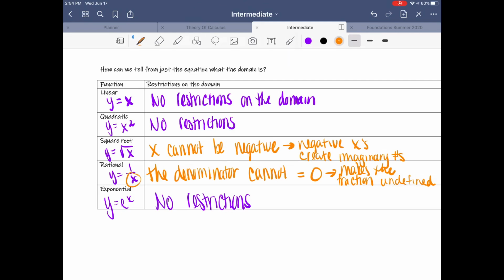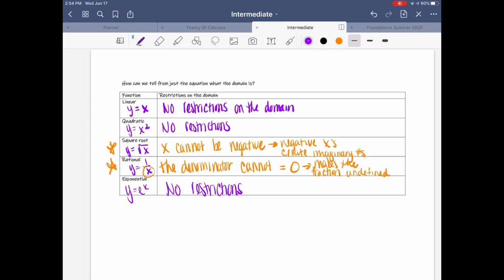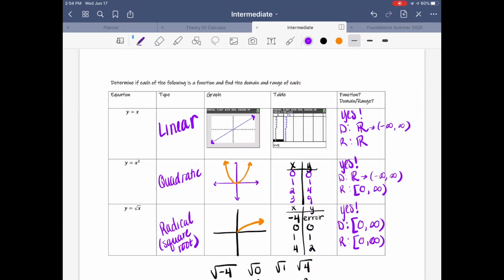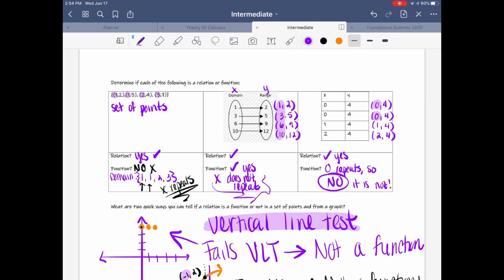The only time it was an issue was with the square root and with the rational. That was a lot of information for this section. Most of this stuff I'm just trying to give you an overview of. In the homework, you'll be expected to basically read graphs and be able to determine domain and range, or you'll be given something like this page and determine domain and range, or if it's a function.